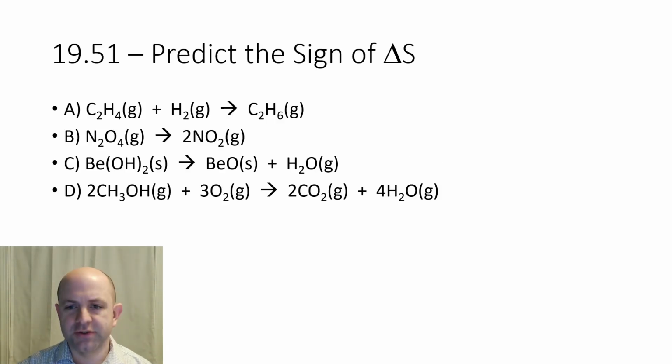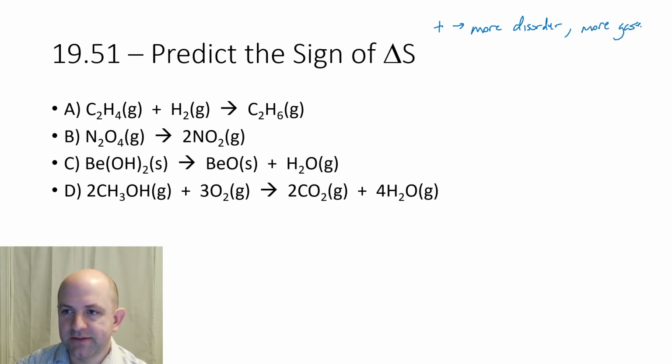But first we are going to start with an entropy problem, not with numbers, but just predicting it, saying if we don't have numbers, can we say whether it will be positive or negative? If we just remind ourselves, a positive delta S indicates that there's more disorder, which is usually because there are more gases.